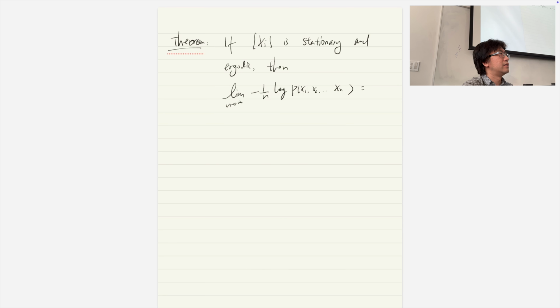Entropy? Entropy is for IID. So what should that be equal to? Entropy rate. Yes, that equals the entropy rate. Again, this happens with probability 1.